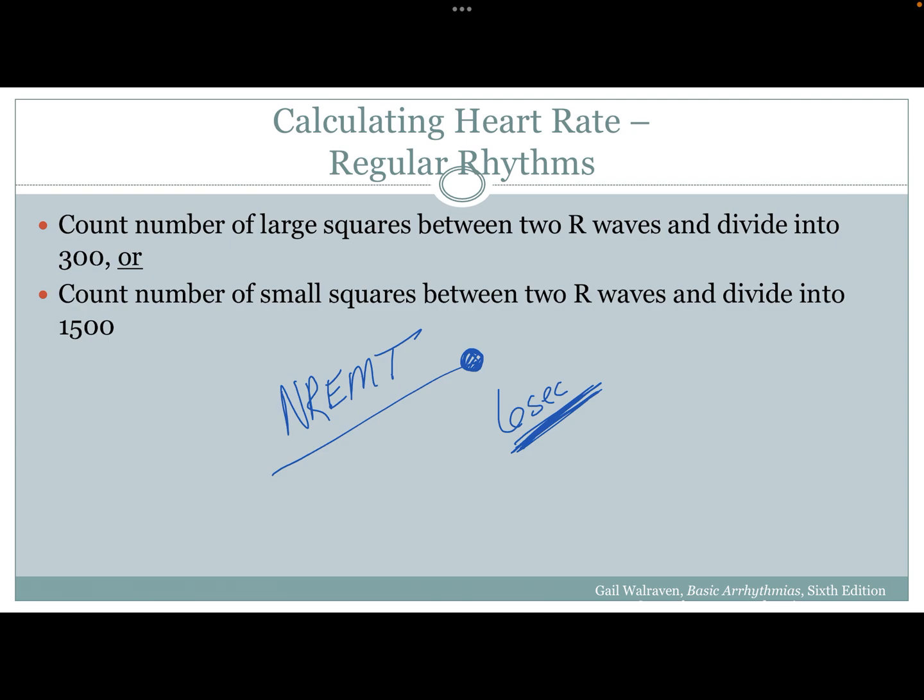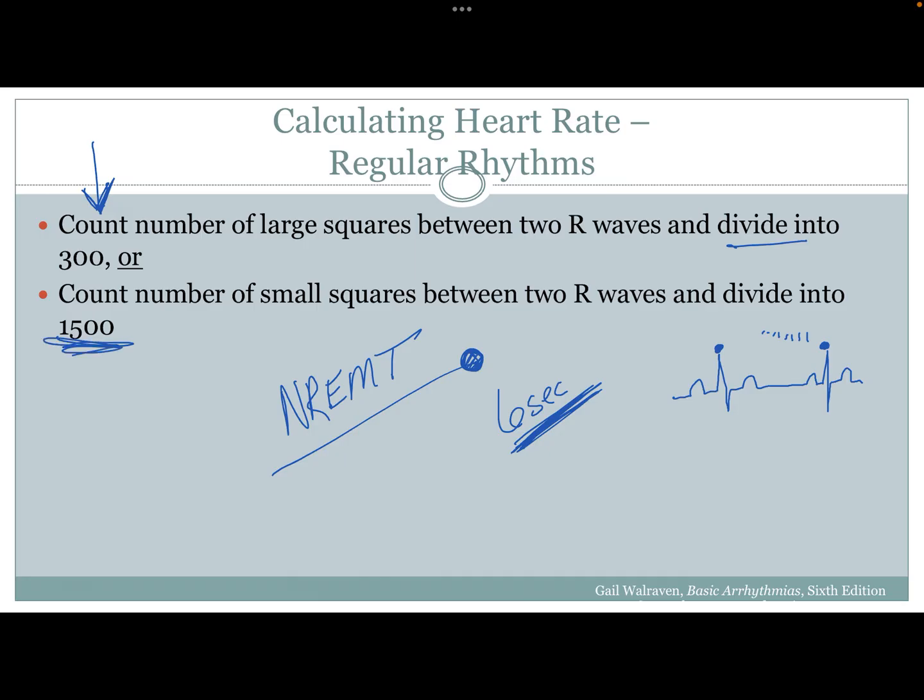So you have to use one of two methods. You can either count between the two R waves. So remember, if you've got a QRS complex, so there's your P, there's your QRS, and then there's your T. There's your P, there's your QRS, and there's your T. So you can count the number of large squares between these two R's and divide into 300, or you can count those tiny squares between the two R waves and divide it by 1500.